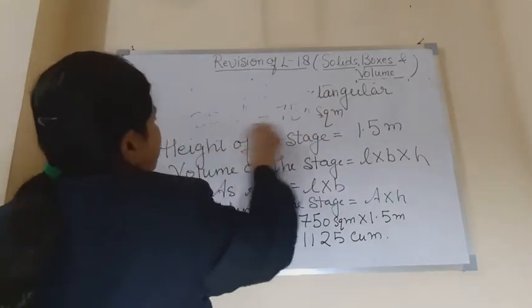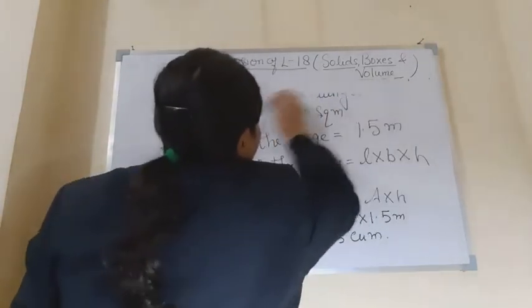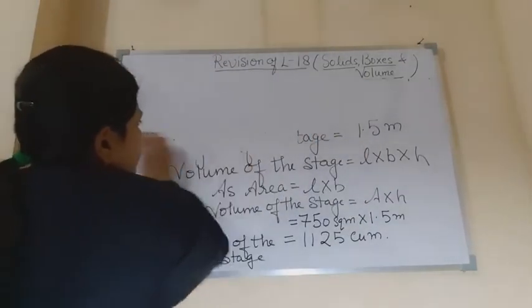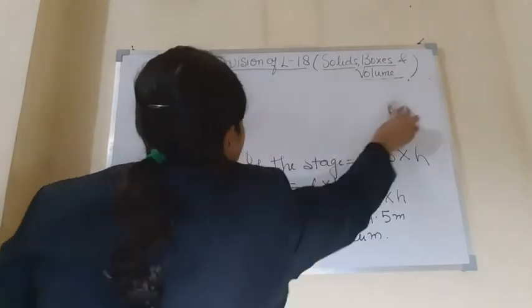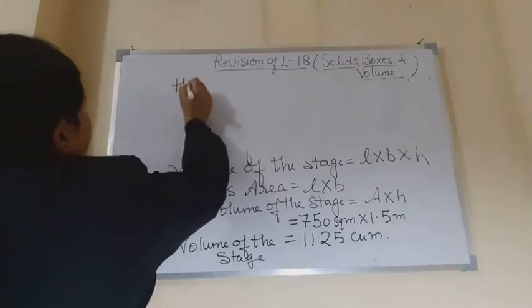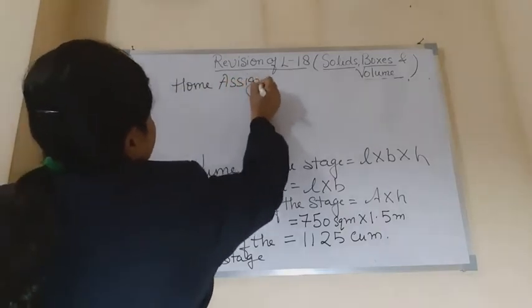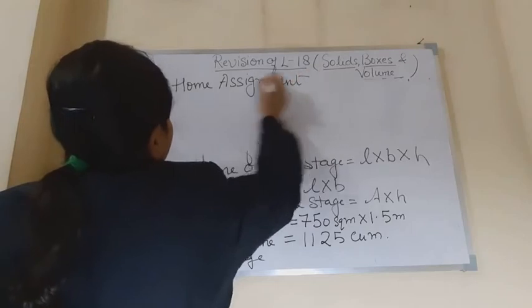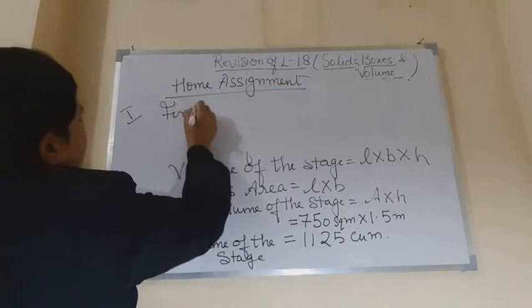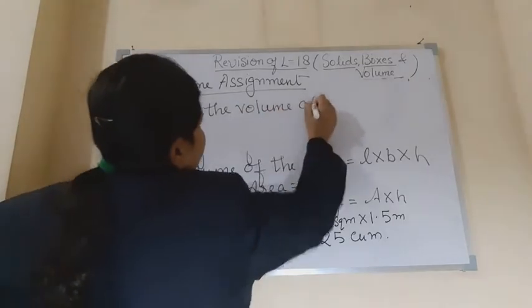So the first question for your home assignment is: find the volume of a cuboid.